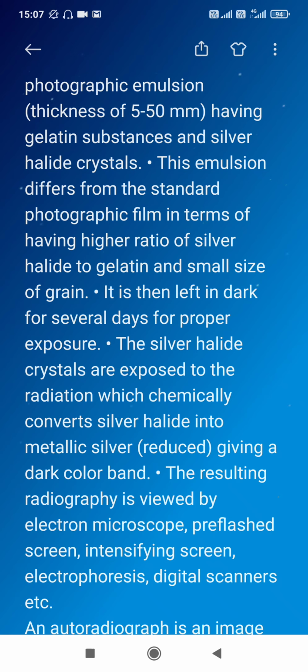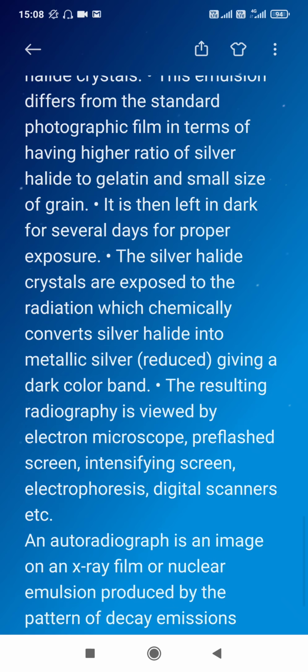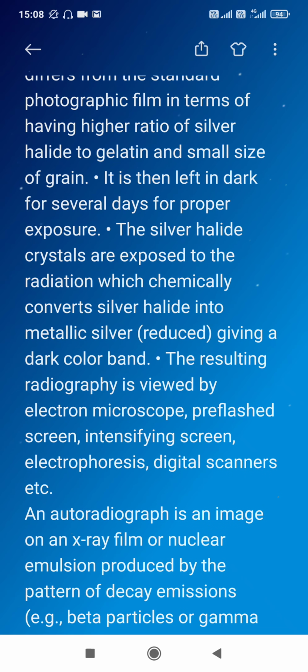So the DNA sample in which the probe has hybridized, when exposed to the photographic film, will emit particles, and it is left in the dark for proper exposure. Silver halide crystals are exposed to the radiation emitted from the probe, which chemically converts the silver halide into metallic silver.